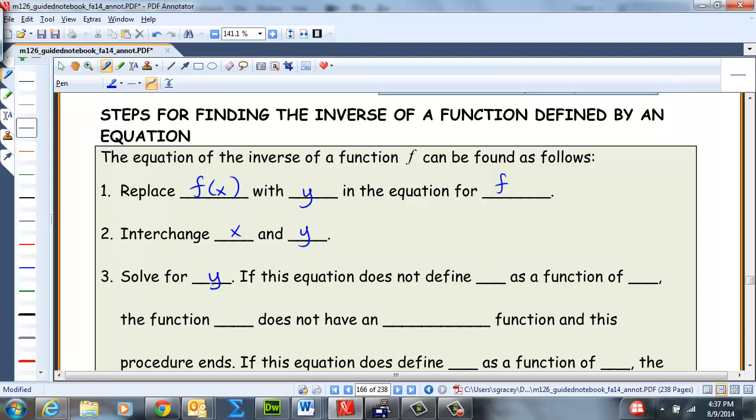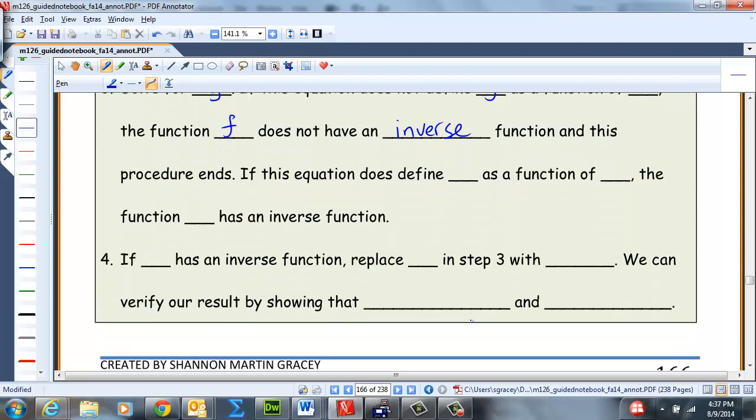If this equation does not define y as a function of x, the function f does not have an inverse function, and you're done. If this equation does define y as a function of x, the function f does have an inverse function, and you go to step 4. So if it does have an inverse function, you replace y in step 3 with f inverse at x.